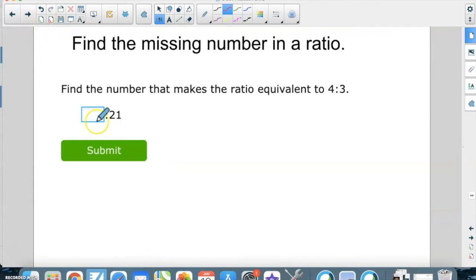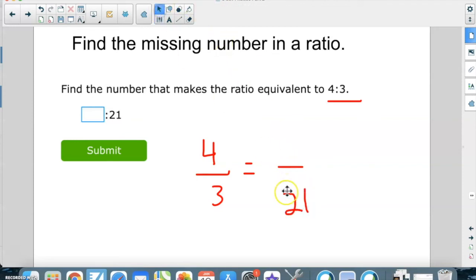All right, why don't you try this one? Find out what number goes here, the missing number, to make these equivalent. Go ahead. And this one is blank to 21. I'll put my equal sign. Blank to 21. I know that's on the bottom. Okay.